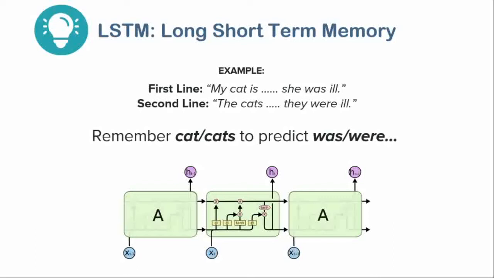So here, at the ending of the sentence, if we need to predict the word "was" or "were", the network has to remember the starting word "cat" or "cats". So LSTMs and GRUs make use of a memory cell to store the activation value of previous words in long sequences. Now, the concept of gates.